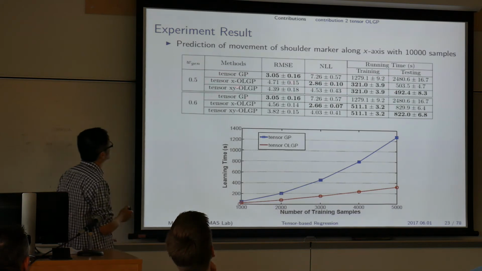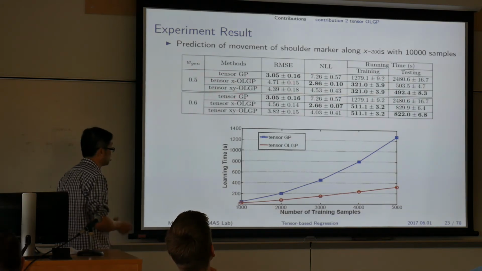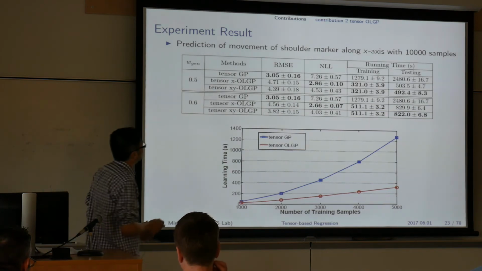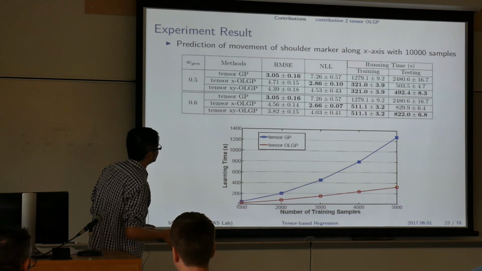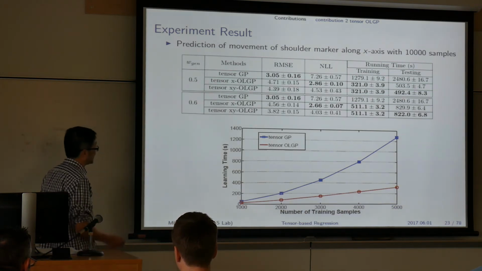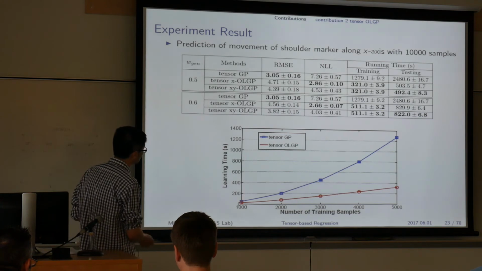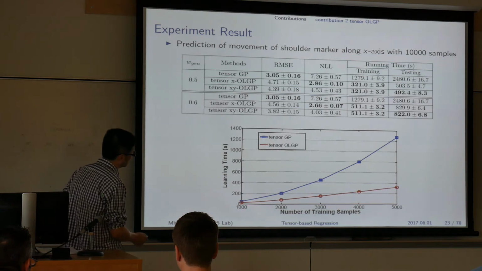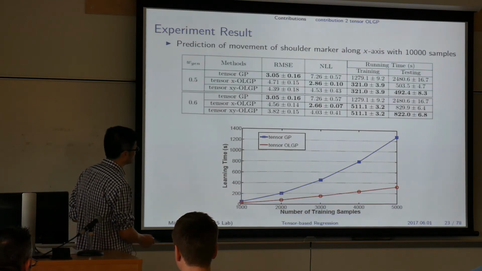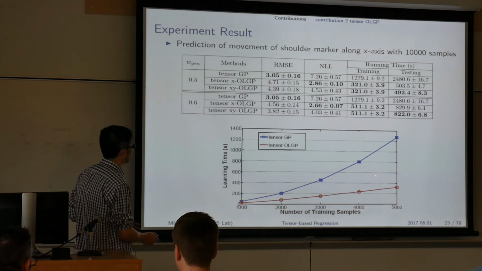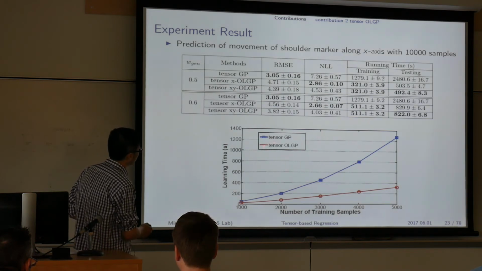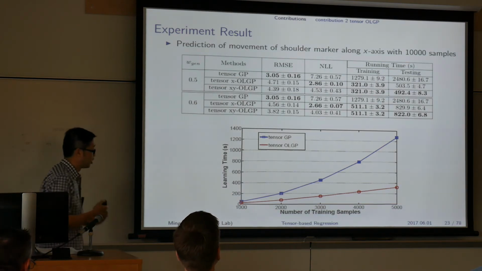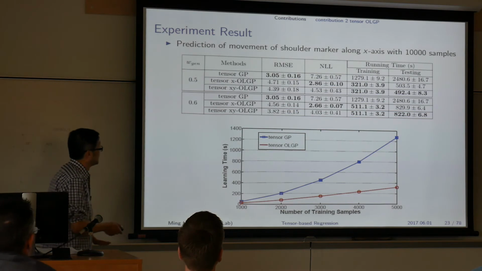So that's why our tensor OLGP tries to capture the local structure to get a lower NLL by finding a few nearby local experts. And this picture shows the learning time of our tensor OLGP grows only linearly in N, the number of training samples, compared to the corresponding tensor GP, which grows polynomially in N, cubic.